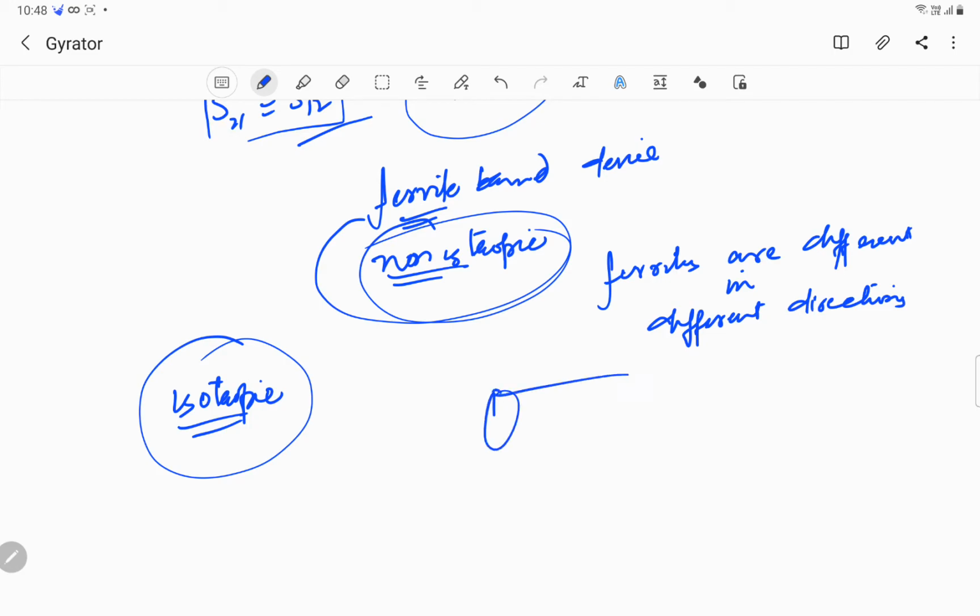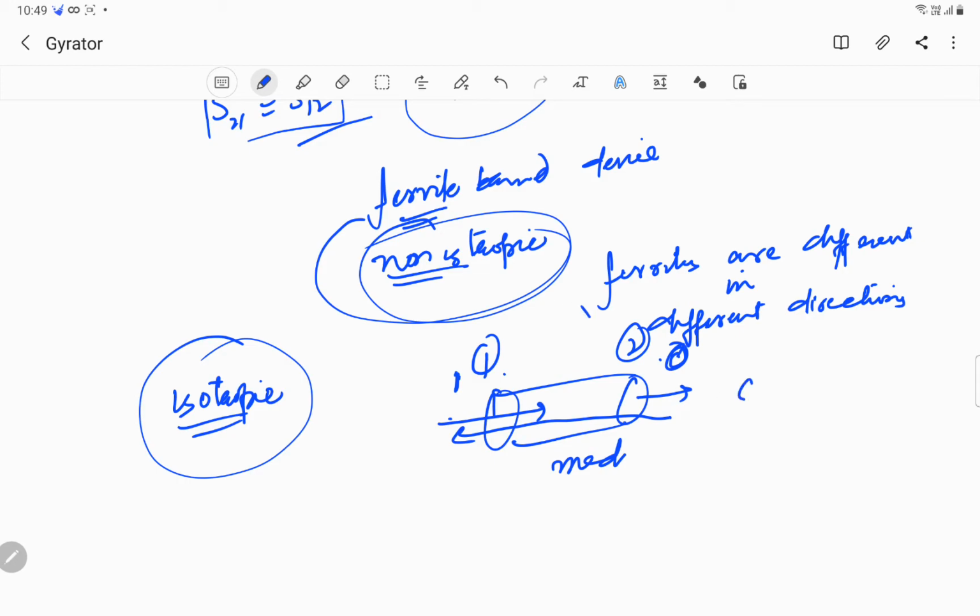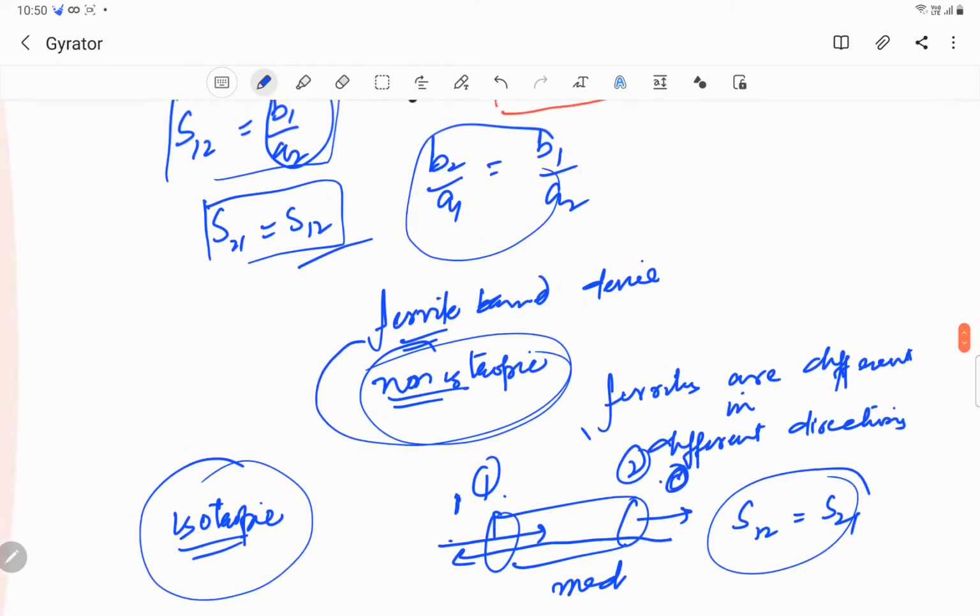For example, if a wave passes through an isotropic medium, from port 1 to port 2 or port 2 to port 1, we get a similar result. That means the ratio of the signal received at port 2 to the signal at port 1 would be the same as the ratio of the signal obtained at port 1 to that of port 2. In other words, for an isotropic material, S12 would be the same as S21. So this is about reciprocal and non-reciprocal devices.